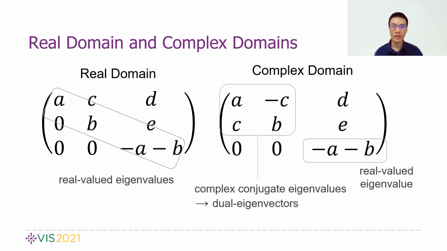In the real domain, the diagonal elements are the three real eigenvalues of the tensor. In the complex domain, the 2x2 block of the Schur form represents the complex conjugate eigenvalues, and the last element is the real eigenvalue. Furthermore, the subblock also corresponds to dual eigenvectors of the tensor.